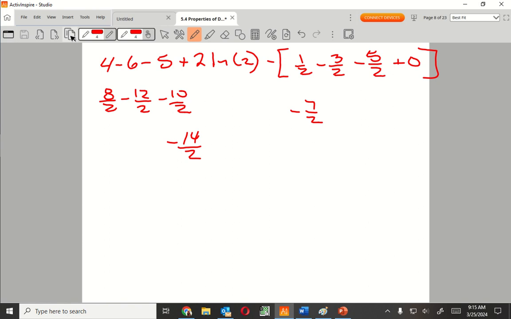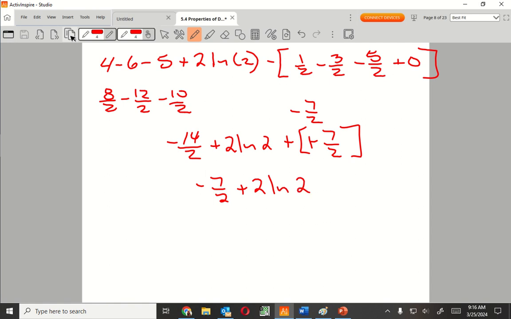And plus 2 ln of 2 minus negative 7 over 2. And distribute. And that's going to give me a negative 7 over 2 plus 2 ln of 2.